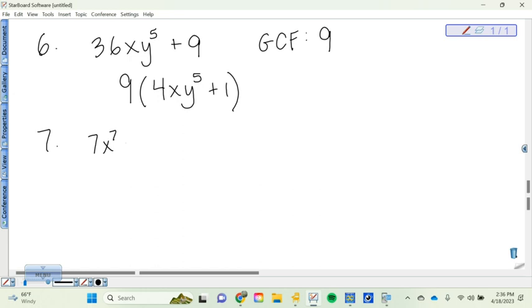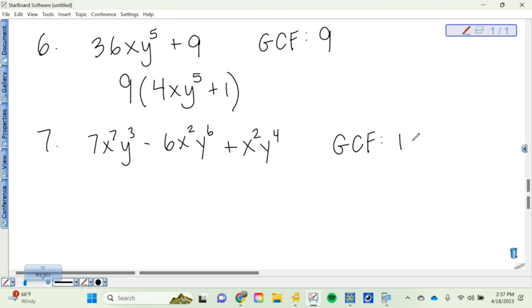7x to the 7th y cubed minus 6x squared y to the 6th plus x squared y to the 4th. What's my greatest common factor? What do all three of those terms have in common?